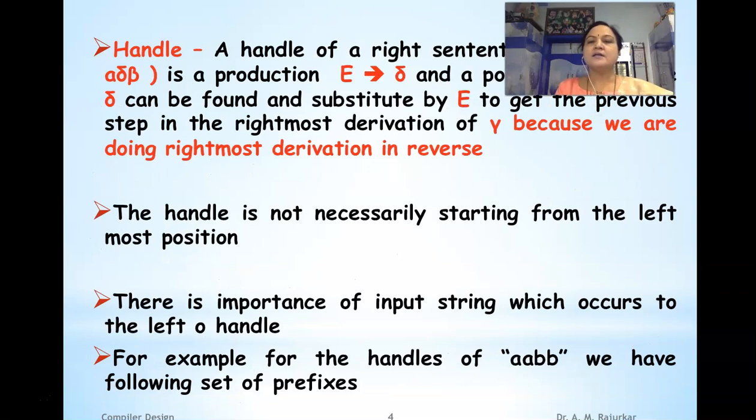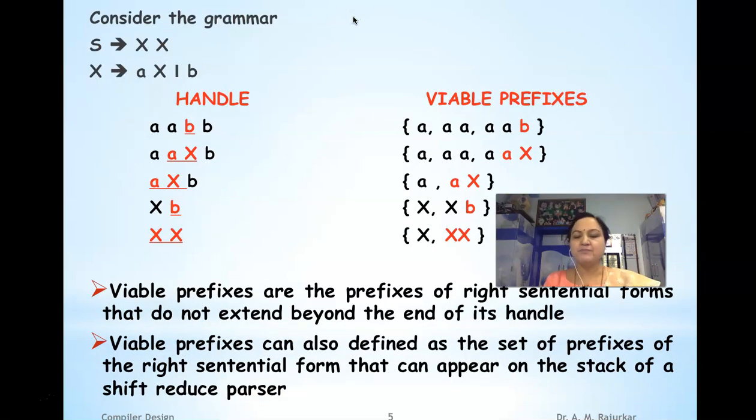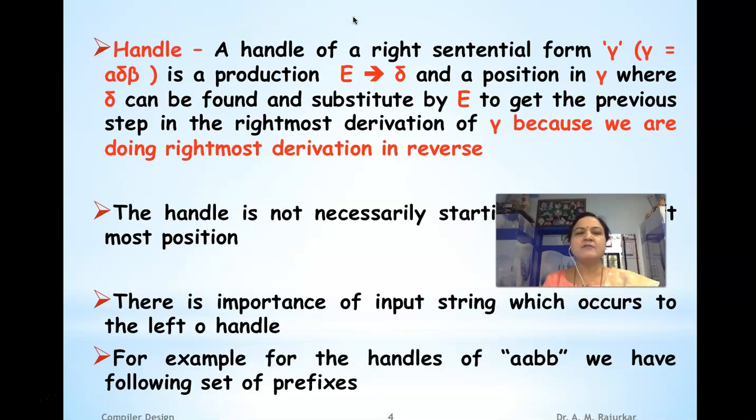Now this is the theoretical definition of a handle. A handle of a right sentential form gamma is given by gamma tends to alpha dot beta. So here alpha is something before the dot and beta is something after the dot.